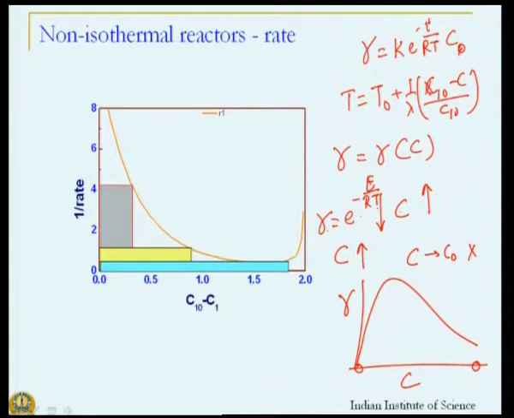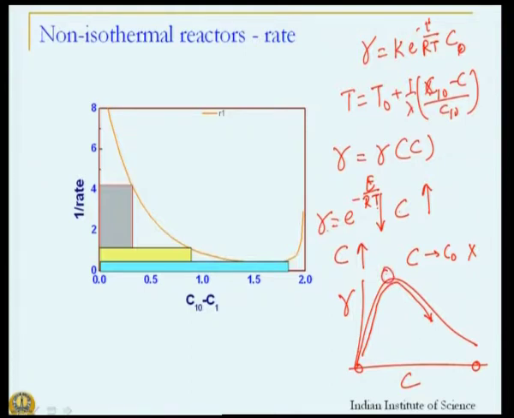So, e raised to minus E by RT is a low value, and therefore the product is also low. So, at both low concentration and high concentration, the rate is low, passing through a maximum as concentration is increased. Both these effects counterbalance each other and will pass through a maximum.